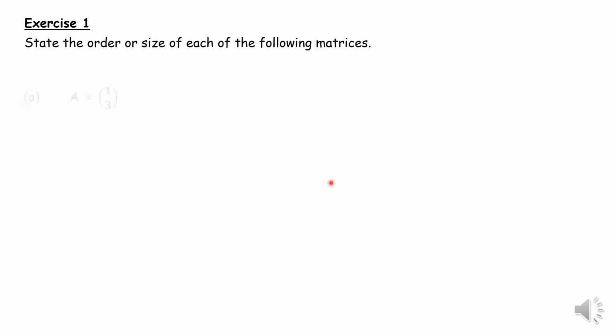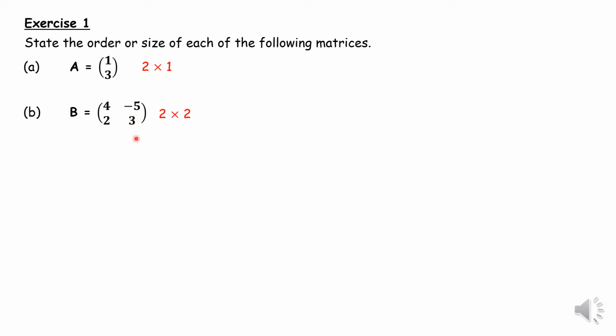So I'm going directly into a small exercise where you are asked to state the order or the size of each of the following matrices. Remember, you start with the row, so there are two rows and one column, so this is a 2 by 1 matrix. The next one is two rows and two columns, so this is a square matrix, or a 2 by 2 matrix.